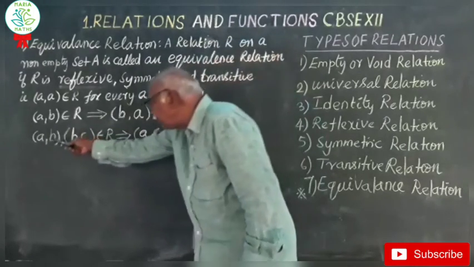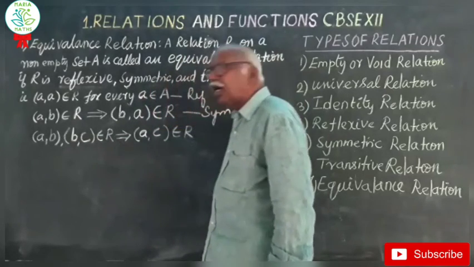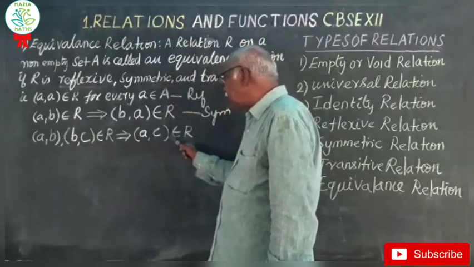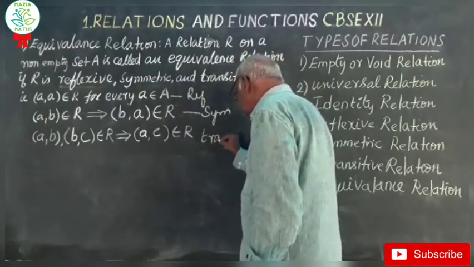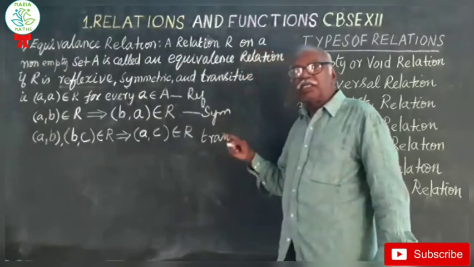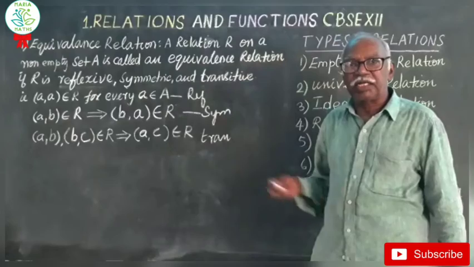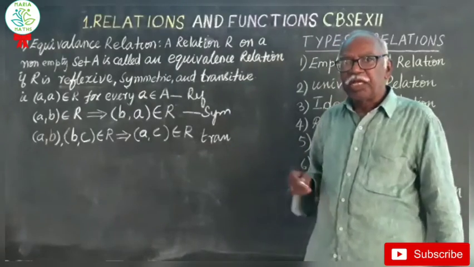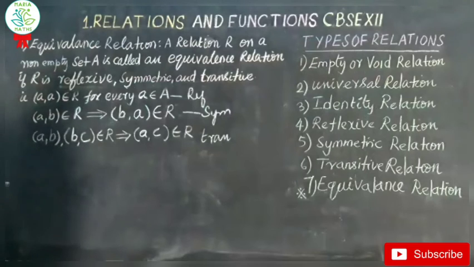Third one, if (a, b) and (b, c) belong to R, implies (a, c) also belongs to R, it is transitive. If all the three relations are satisfied, then that relation is known as an equivalence relation. Consider an example.